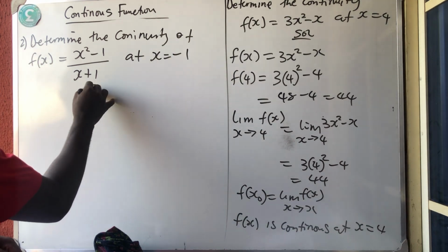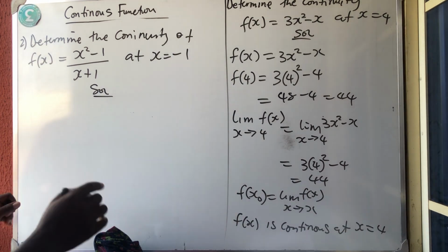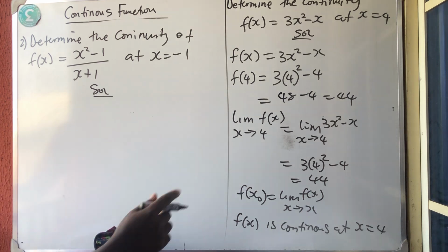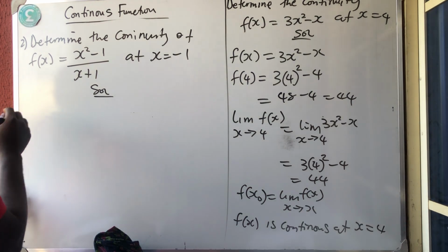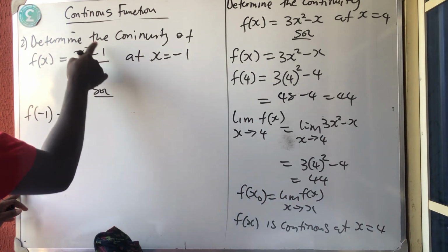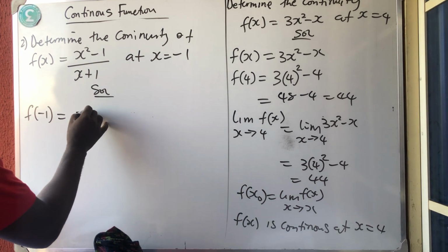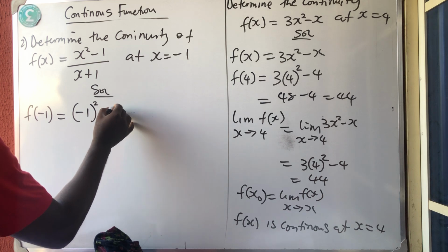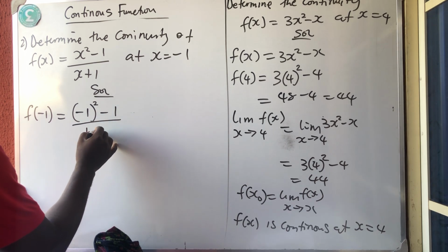Solution. The main thing is to check if f of x naught is equal to the limit. So let's get f of minus 1 first. Anywhere you see x, put minus 1, which is minus 1 all squared minus 1 all over minus 1 plus 1.